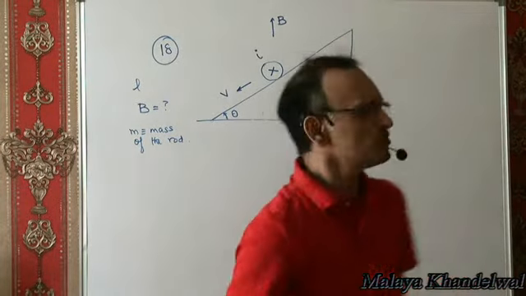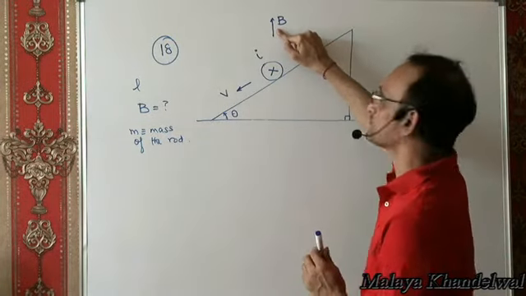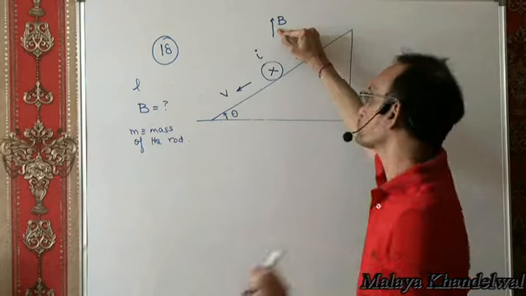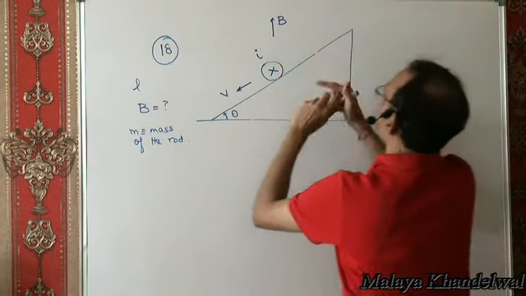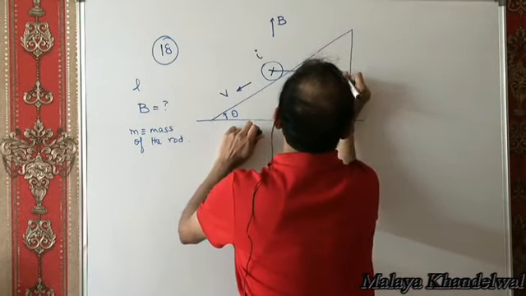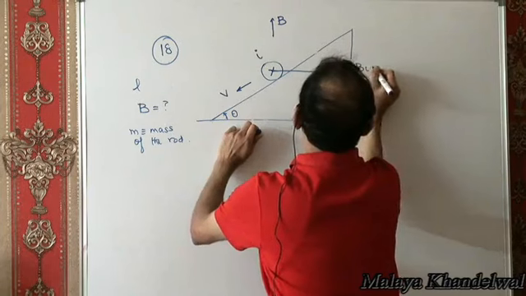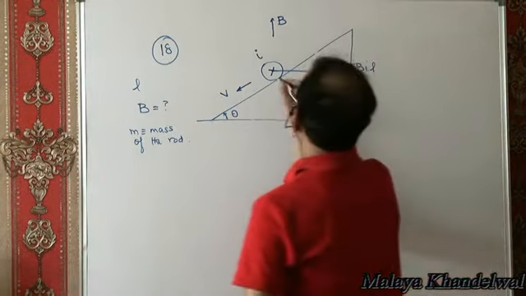What do I do? First of all, realize that this is a current carrying wire placed in a magnetic field. There has to be a magnetic force on it. So dL is like this, B is like this, so dL cross B would be like this. Magnetic force Fm would act this way, and that's going to be BIL. What are the other forces acting?